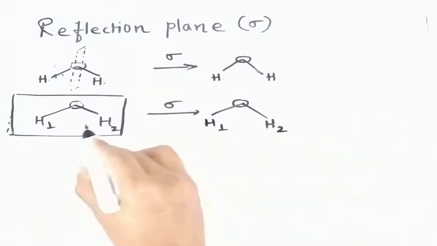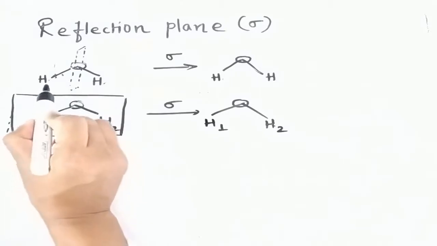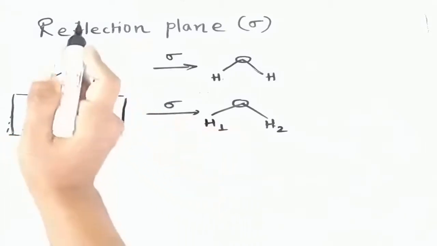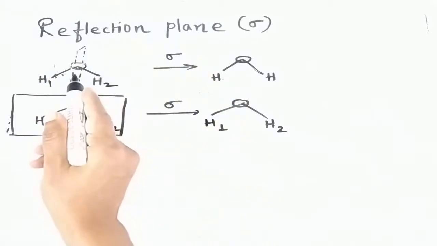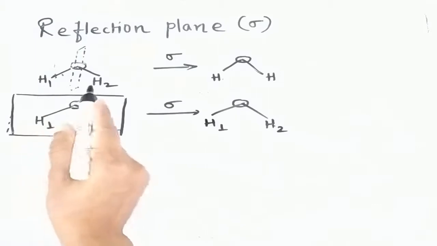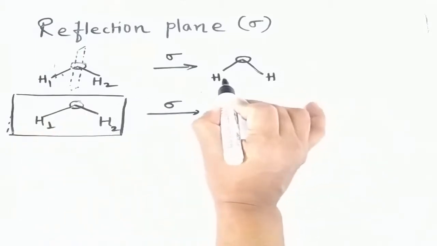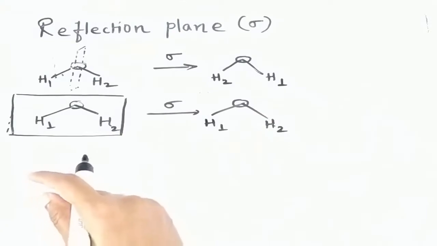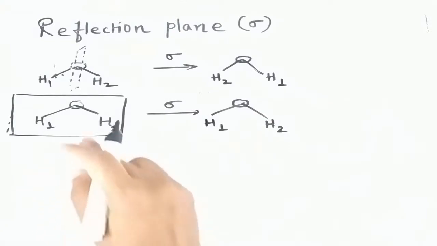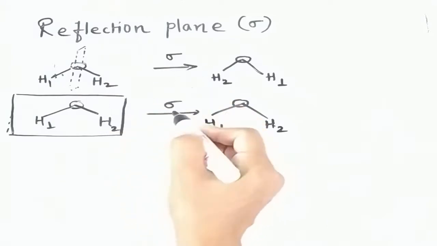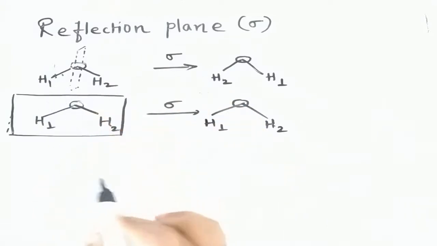No atom was interchanged, like it happened in the case of the earlier plane where it passed through the oxygen atom only, and thus made the hydrogens interchange. So this is a different plane, and thus we have two reflection planes, or two sigmas, in the water molecule.